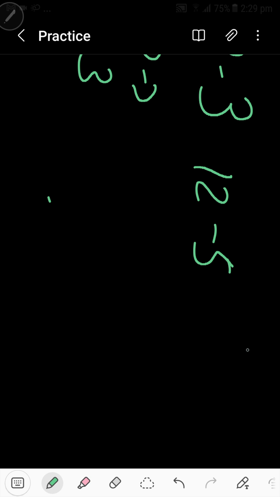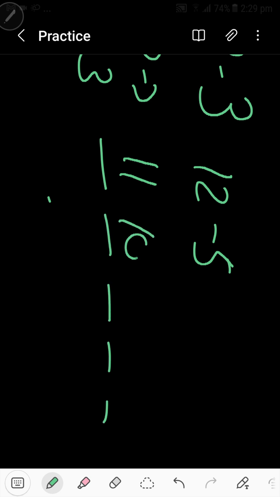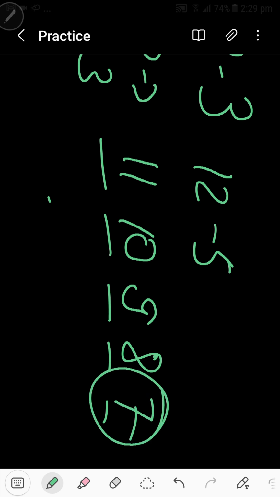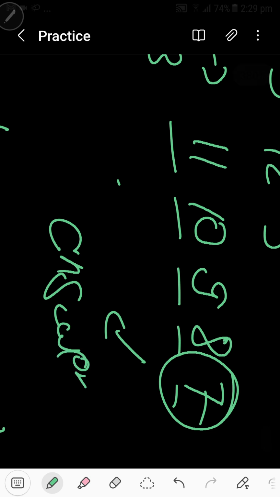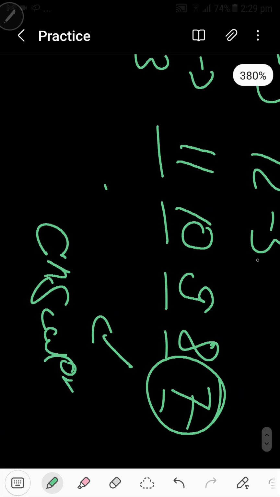In 12 minus 5, we go from 11, 5 positions: 1, 2, 3, 4, 5. So 10, 9, 8, 7. 7 is the position we land on, so 7 is the answer.